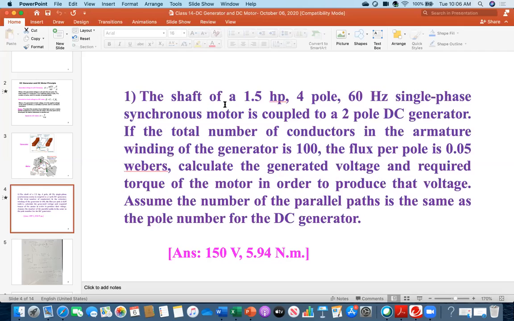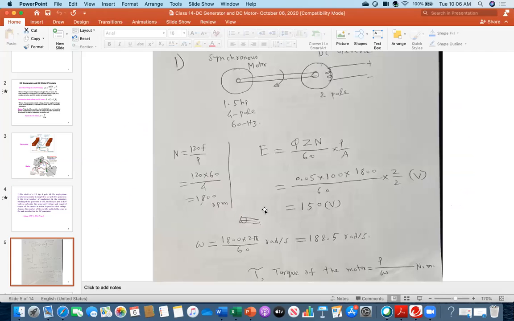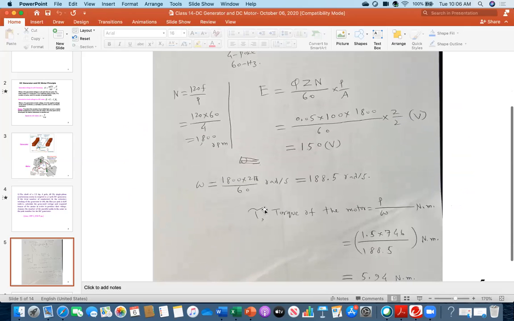So therefore, if you see the very first line of the problem, the shaft of a 150 horsepower, 4 pole, 60 hertz motor. This information is enough to calculate the amount of torque of the motor. So this means, you see, I have written down here the torque of the motor.